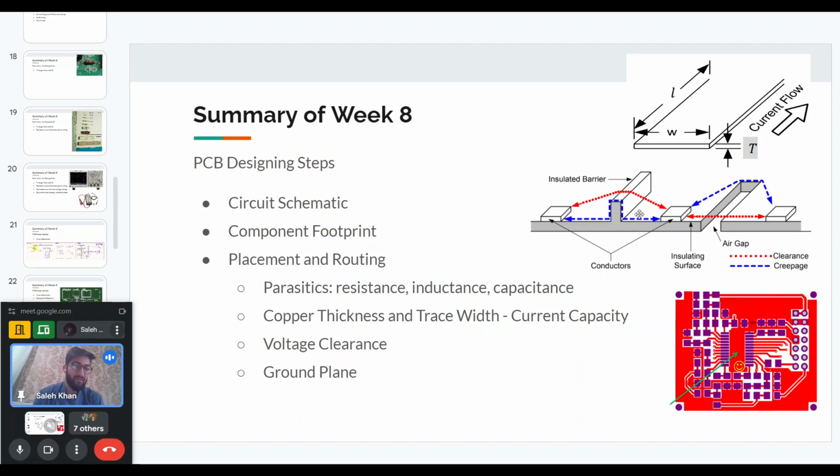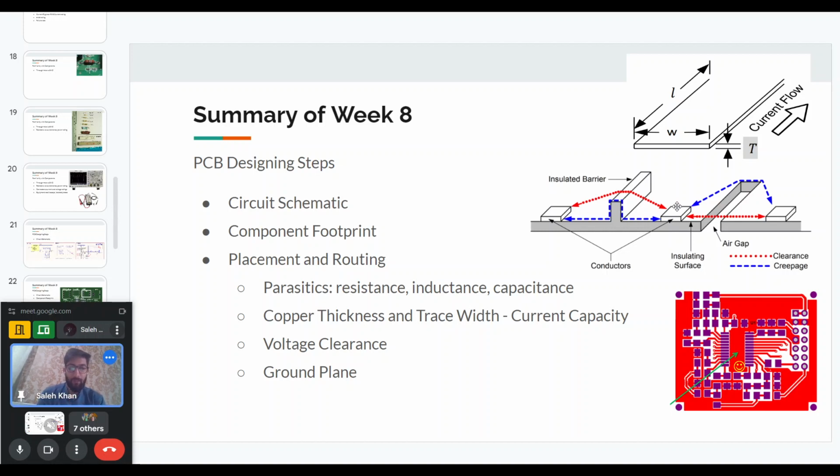So as you increase the voltage potential difference between these two traces, the spacing also increases. So these distances are given in different calculators and different graphs or tables, and you have to consult those tables to find out what is the voltage clearance that you have to provide between multiple traces.